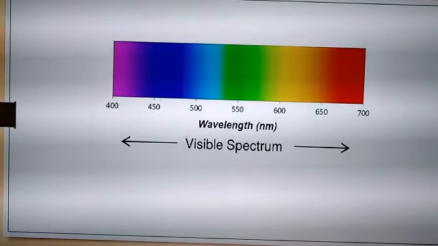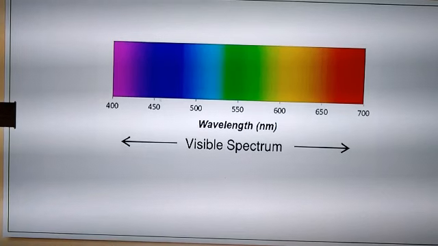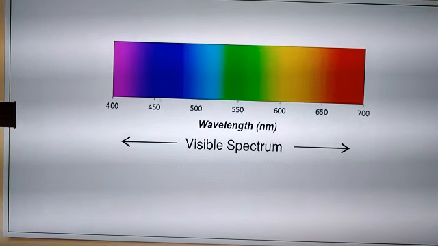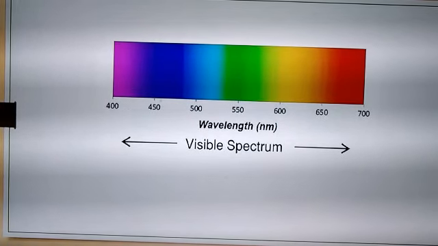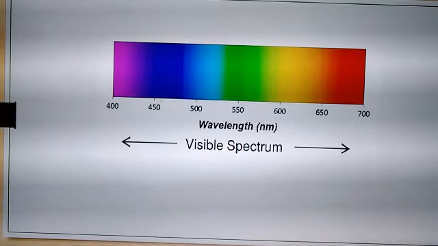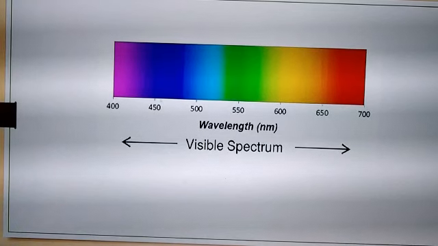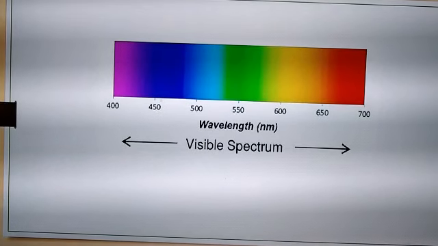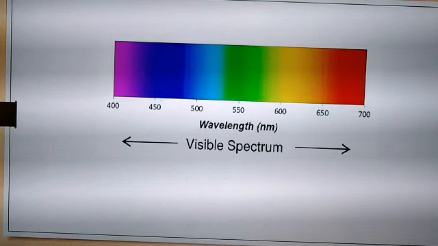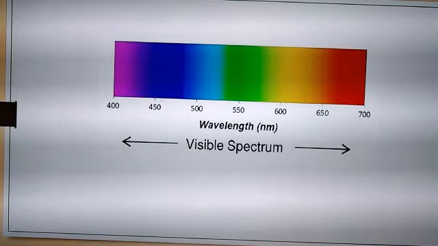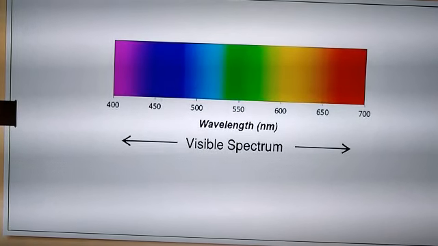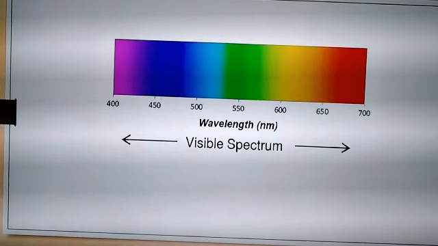As you can see in the image, red light has a maximum wavelength of 700 nanometers, whereas violet light has a minimum wavelength of about 400 nanometers. Whereas the wavelength of the other light rays, that is indigo, blue, green, yellow and orange, is intermediate, that is between violet light and red light.